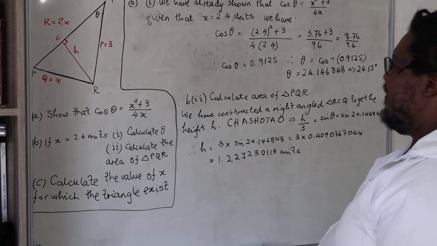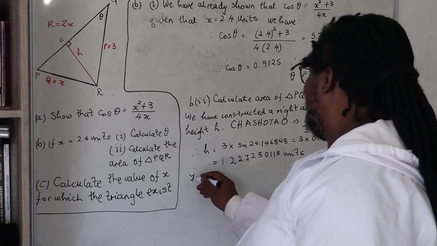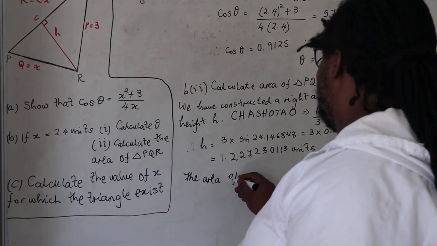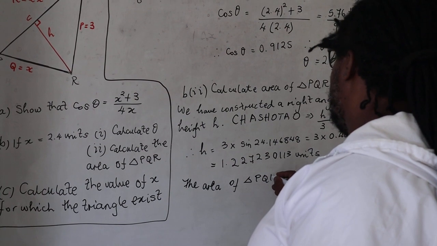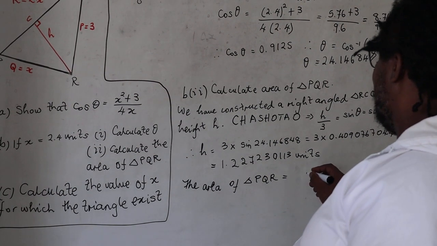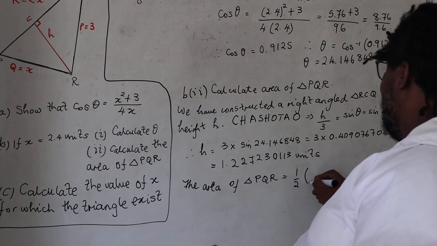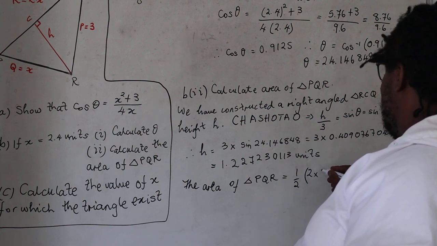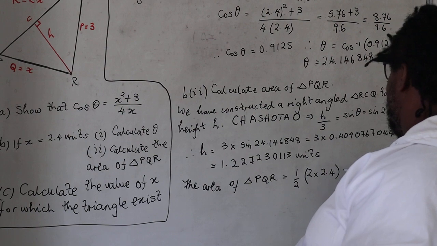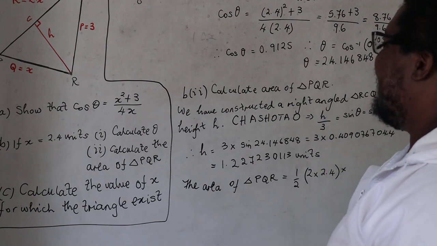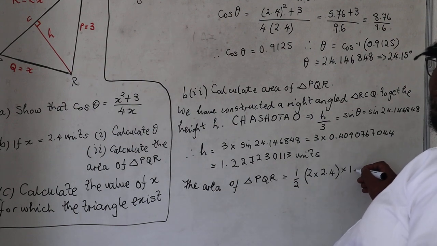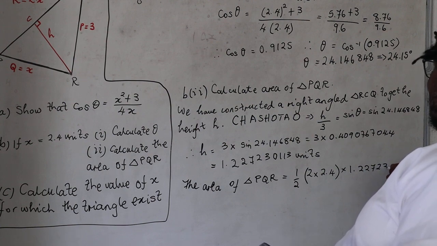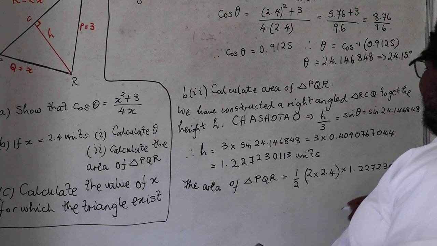So therefore, the area of triangle PQR is equal to half times our base, which is 2 times 2.4, times our height, which is 1.227230113.